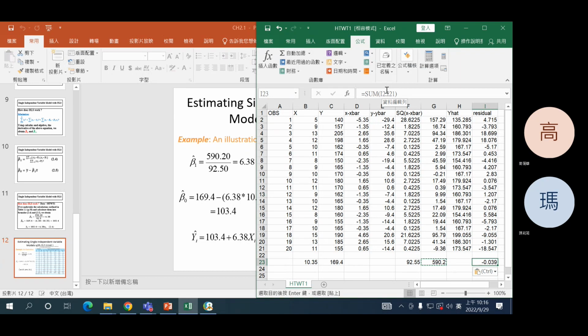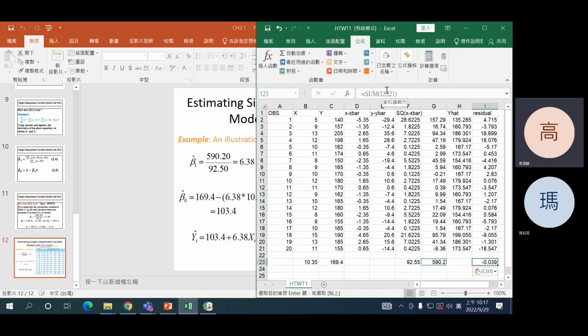Okay, this is the residual, right? I add all this residual. We have positive residuals and also negative residuals. Sum them together, and the result is close to zero.